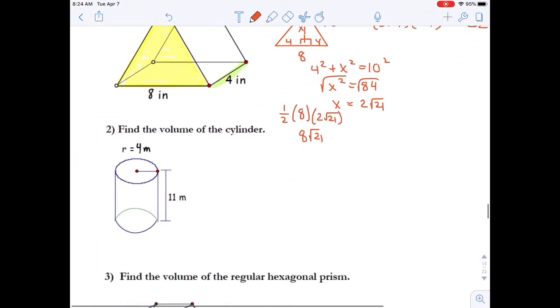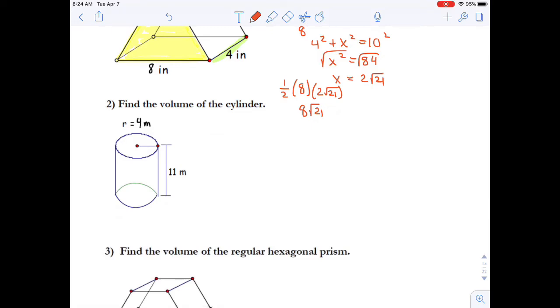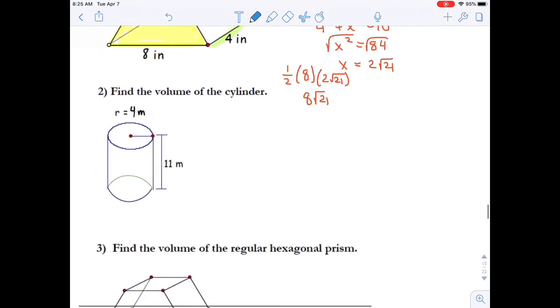Okay, continuing on to our next shape. We have the cylinder down here. With a cylinder, again, it's still base times height, but remember the base is a circle in this case. So for this example, again, it's base times height, but it's pi r squared times height. And that's going to be our volume. Let's just go through and see what we have already. Oh, there's r. So pi 4 squared.